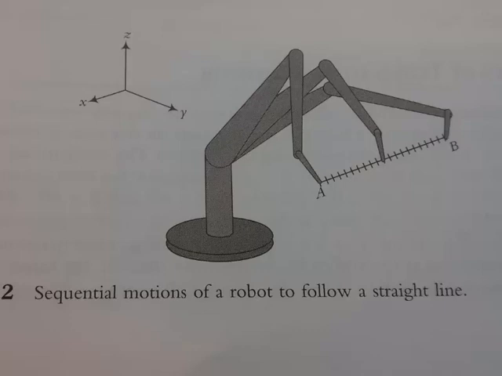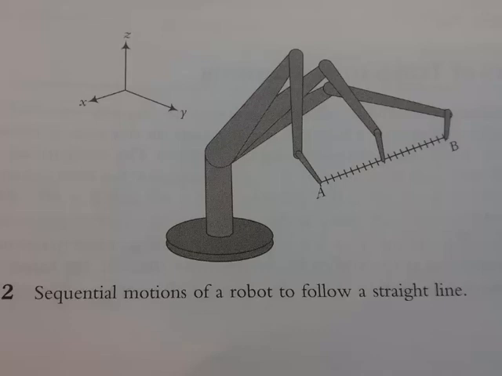I'm showing here an image from the supplemental reading provided for today, showing the kinds of motions that are necessary for this articulated manipulator to follow a straight line path in Cartesian space. This picture shows a path between points A and B that is a straight line in Cartesian space.